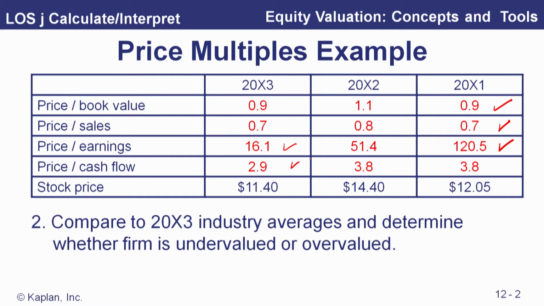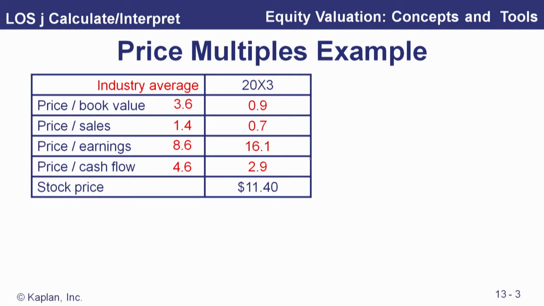So comparing 2000x3 industry averages and determining whether the firm is undervalued or overvalued. Now let's take a look at these current ratios and compare them to the industry average. Well, their price to book is very low, price to sales is very low, price to earnings is a little bit higher than the industry average, actually double the industry average, and price to cash flow is low.